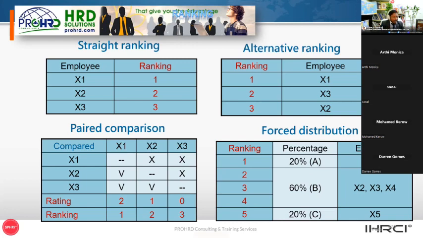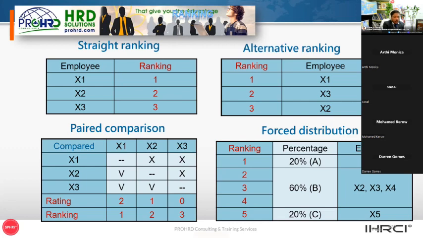So in banks in Kuwait, most of the banks where I worked, NBK, Bubian Bank, Warba Bank, they are all using this. Unlike ranking methods, forced distribution is frequently applied to several rather than only one component of job performance.